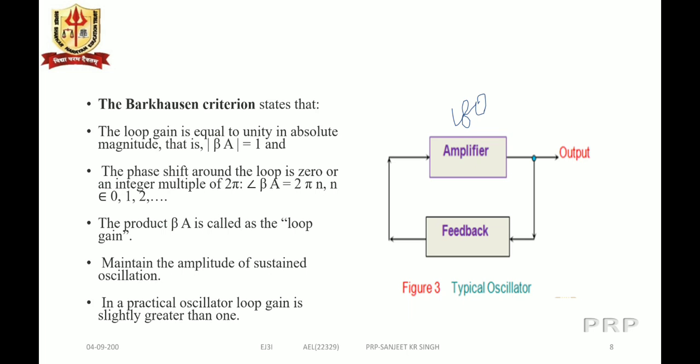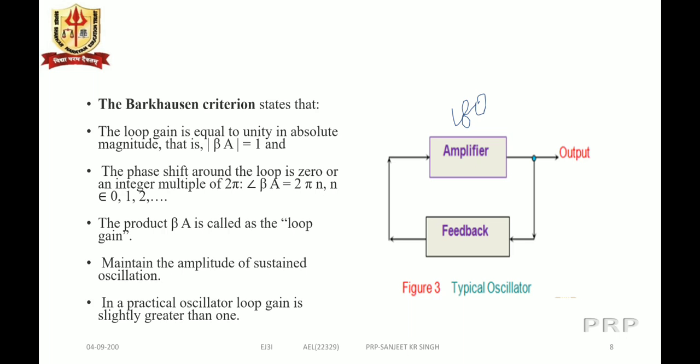The Barkhausen criteria as stated: first, the loop gain, that is the product of the gain provided by the amplifier and that of the feedback, has to be equal to 1. The second criterion is that the phase shift around the loop is 0 or an integer multiple of 2 pi, that is 360 degrees.